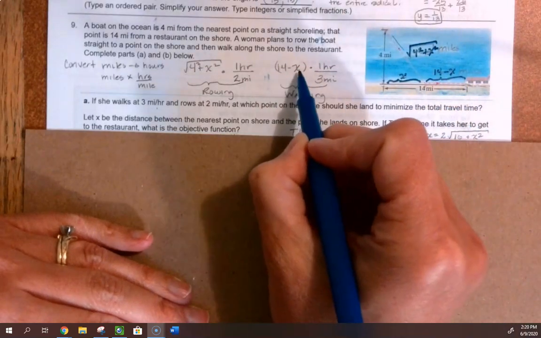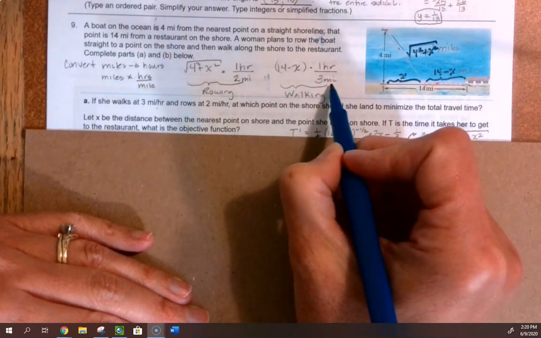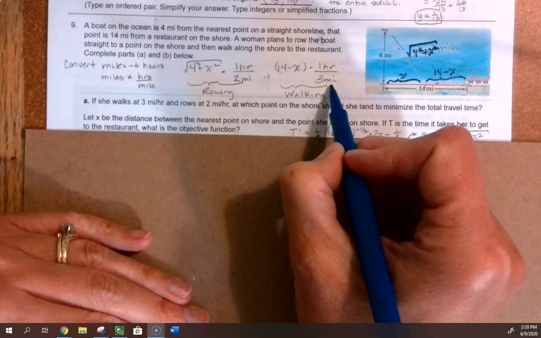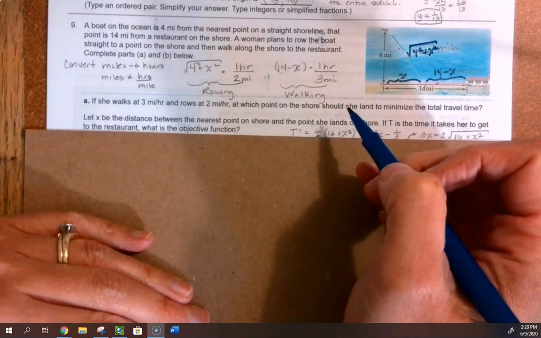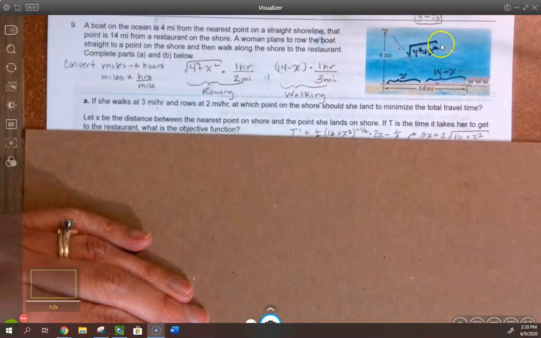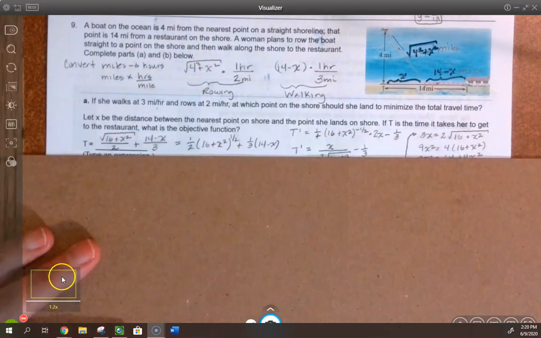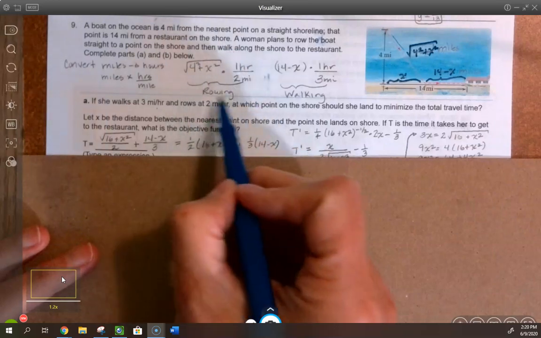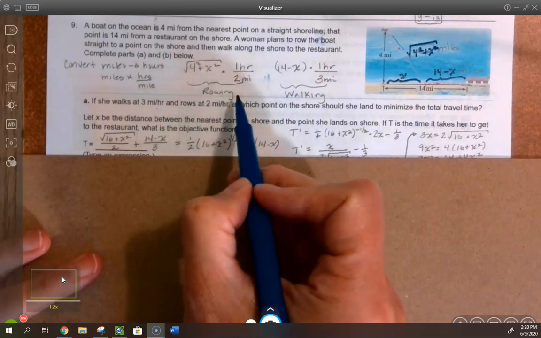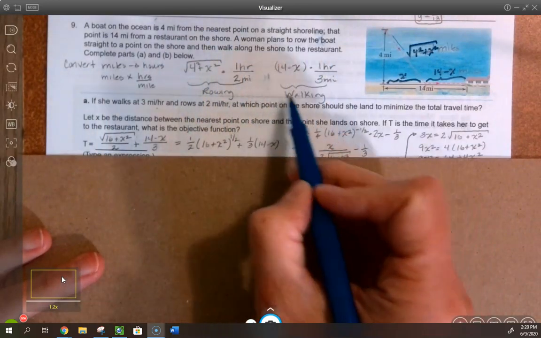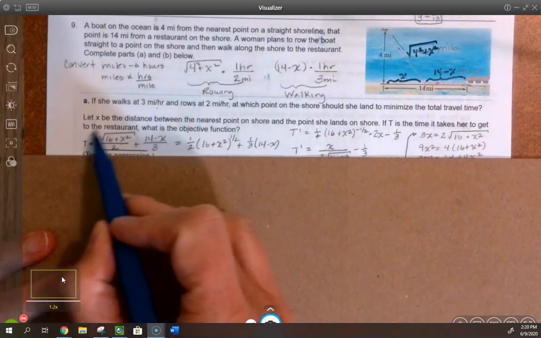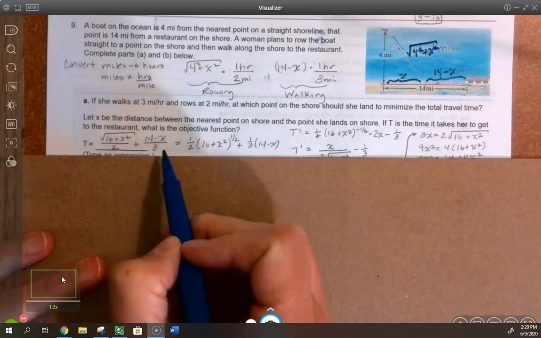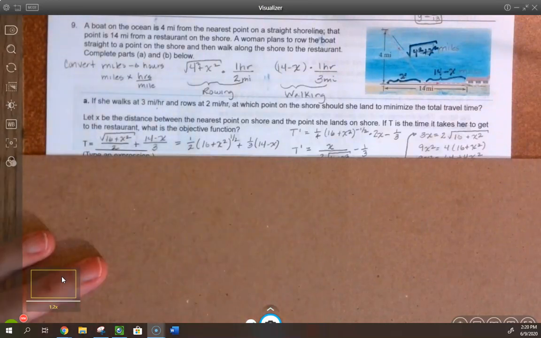Similarly, this distance 14 minus x needs to be divided by 3 so that we get the time it takes to walk that distance. So this is the amount of time it takes her to row, and this is the amount of time it takes her to walk. If we add those two together, that is the total time she is traveling.